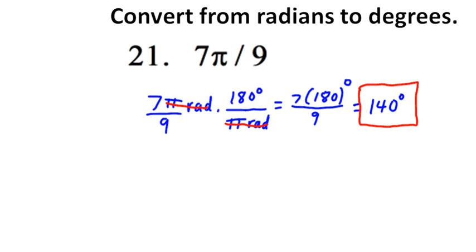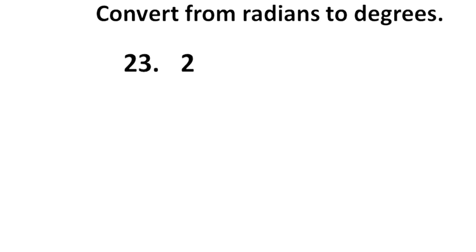Okay, next other problem, it's the last one in the set. 23. Convert from radians to degrees. So we see 2. We do not see any 2 pi or anything like that. So what that is going to be is 2 radians, which I'll just abbreviate RAD. And just as we did problems 19, 21, we're going to multiply by 180 degrees over pi radians. Now, what cancels out?